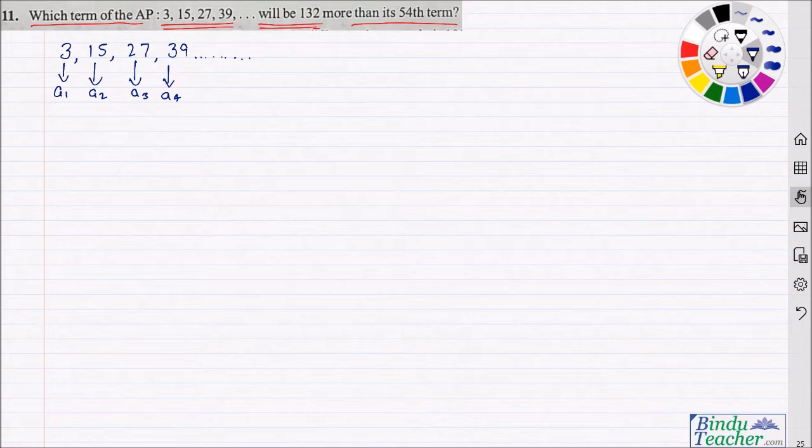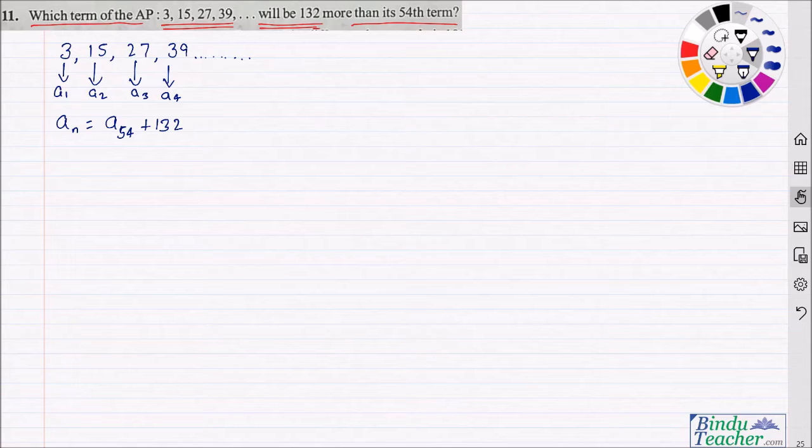So now, what we have to find out from this? It is said there is a number a of n such that it is 132 more than the 54th term.